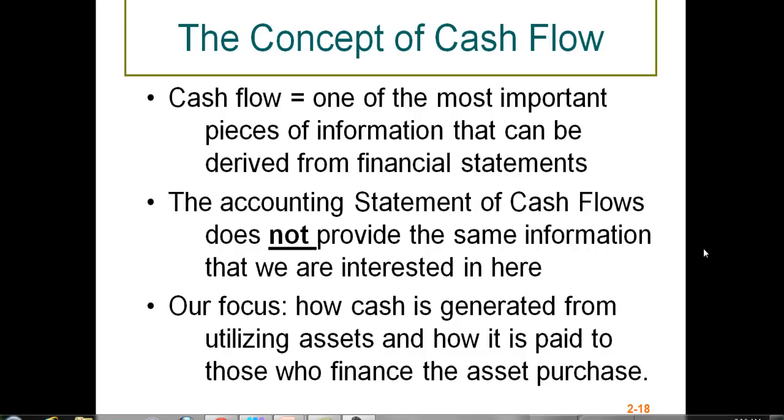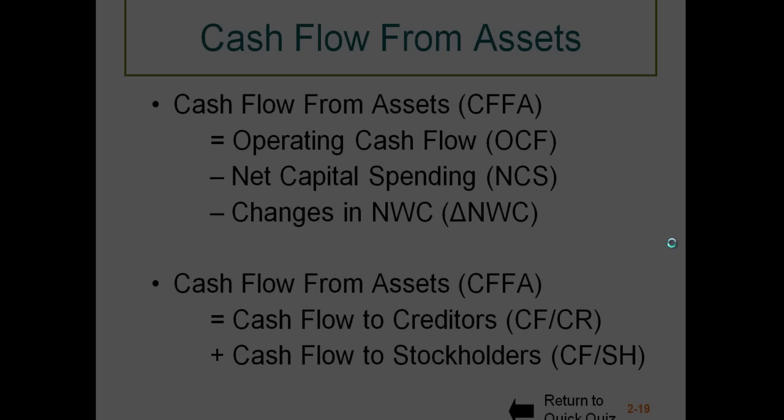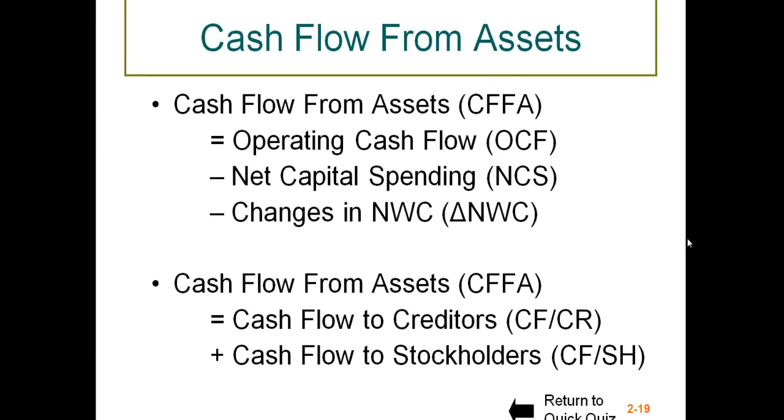So there are a couple of formulas here. Let's see if we can look at these. Cash flow from assets, there are a couple of ways to compute this. One way is operating cash flow minus net capital spending, so that would be spending on plant and equipment, minus changes in net working capital.